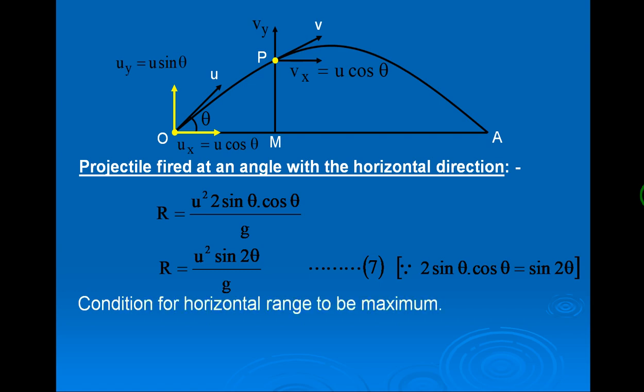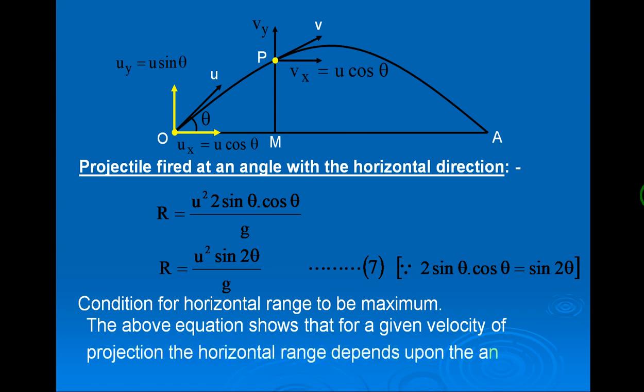Now, the condition for horizontal range to be maximum for the given velocity of projection. The above equations show that for a given velocity of projection, the horizontal range depends upon the angle of projection theta.